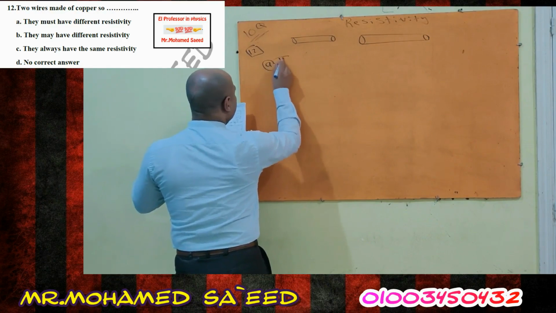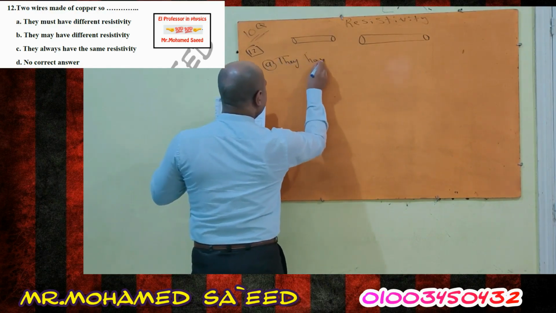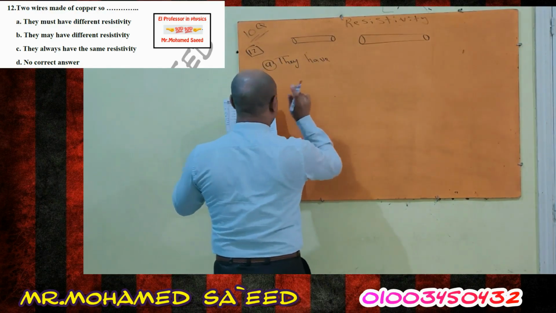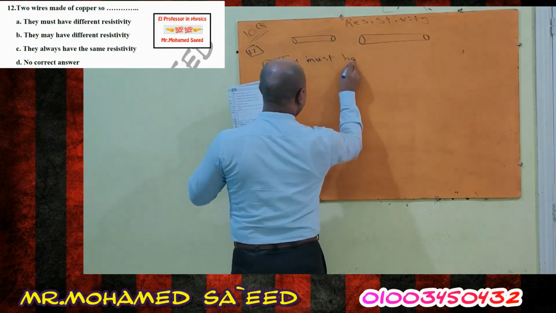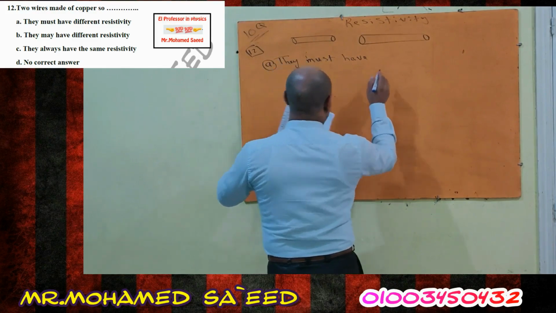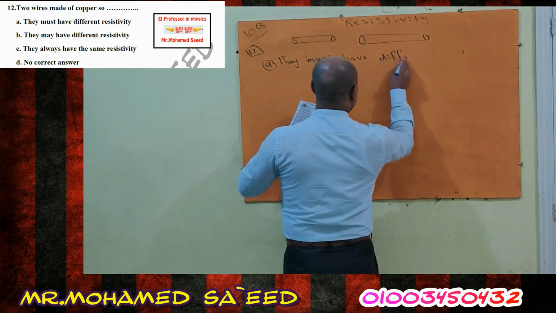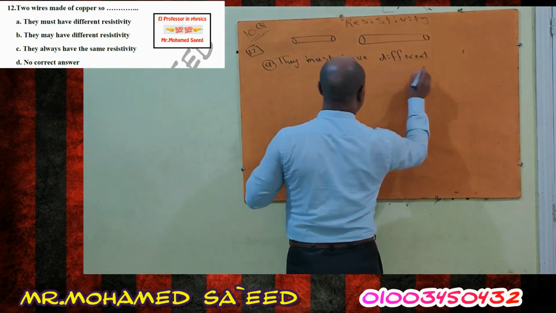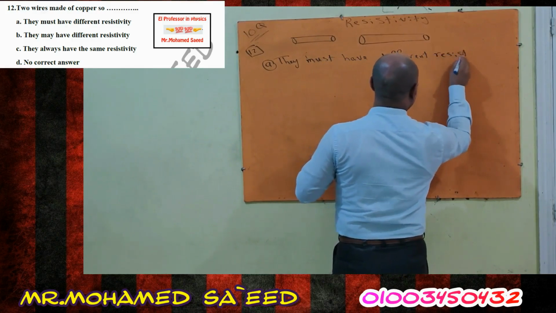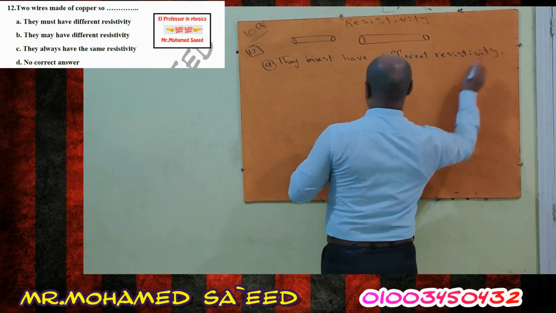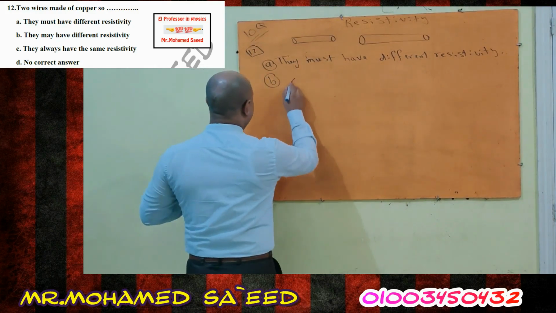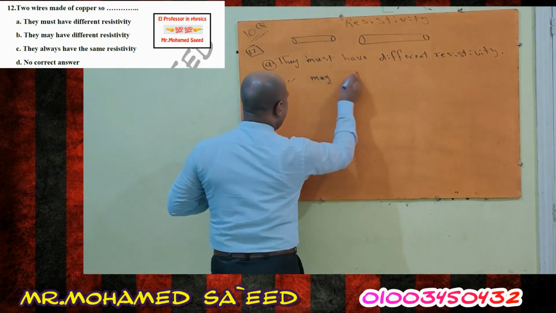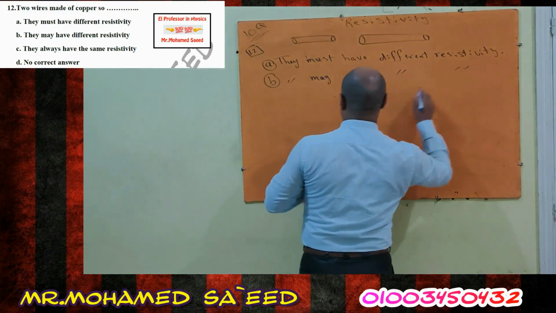Again, choice A, they must have different resistivity. Choice B, they may have different resistivity.